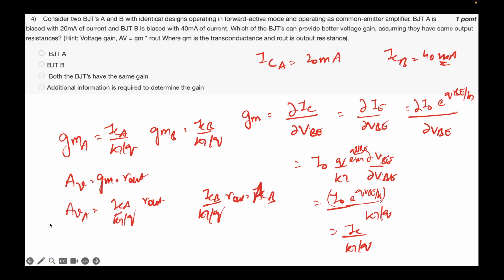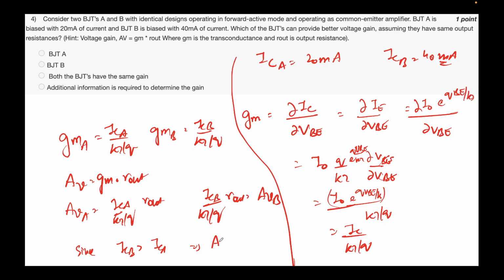R out is the same, and KT by q is the same. ICA and ICB are the only factors that determine the voltage gain, and we know ICB is 40 milliamps and ICA is 20 milliamps. So since ICB is greater than ICA, AVB will be greater than AVA. So the voltage gain for BJT-B will be higher than BJT-A.